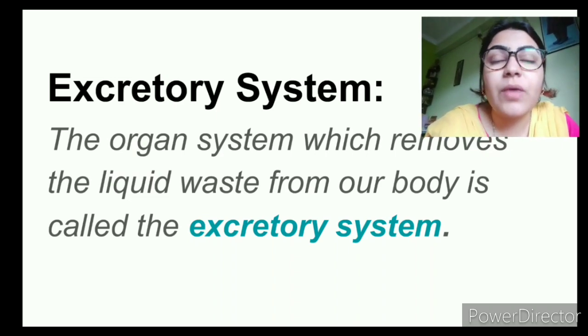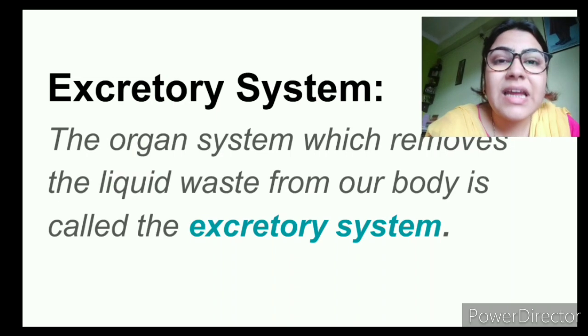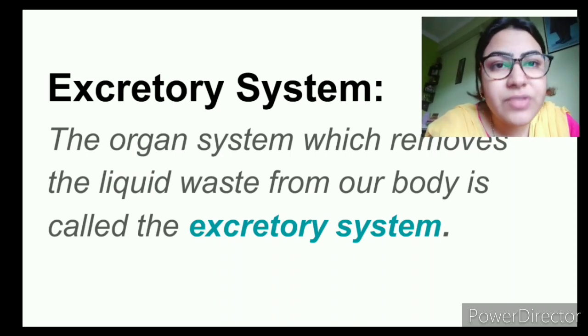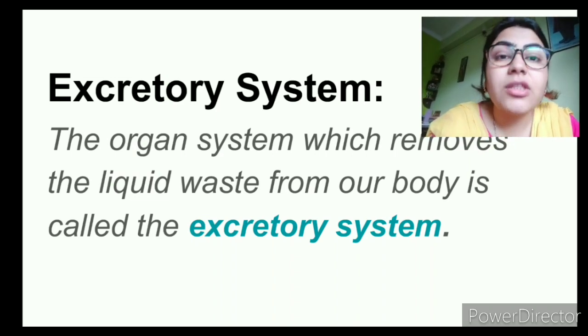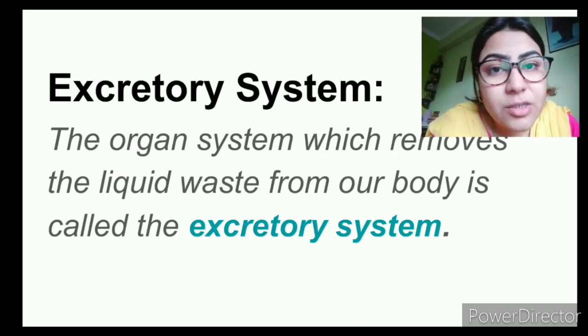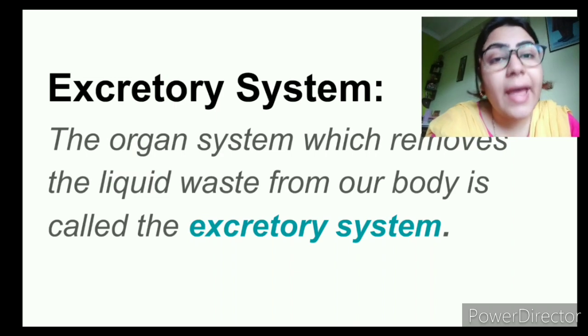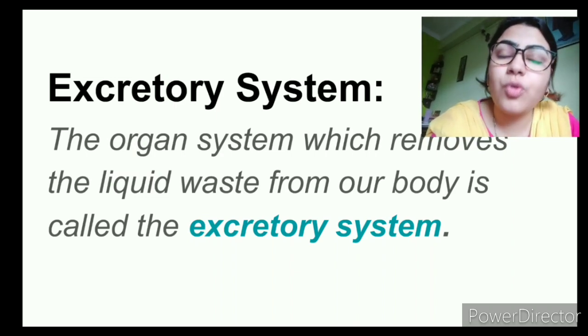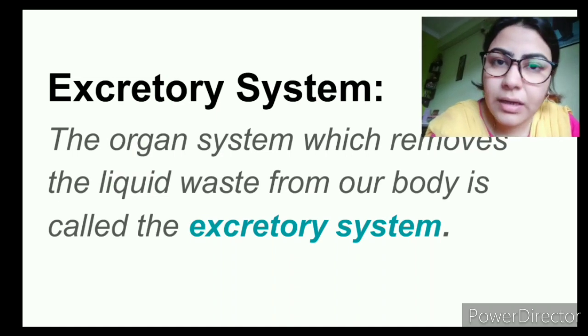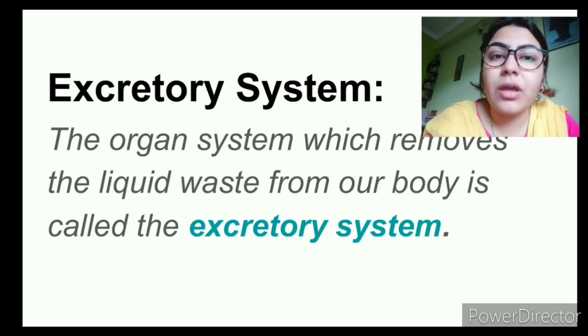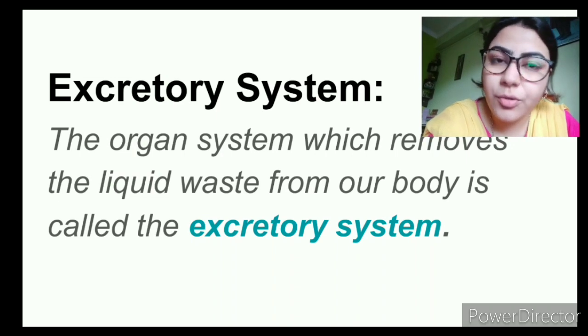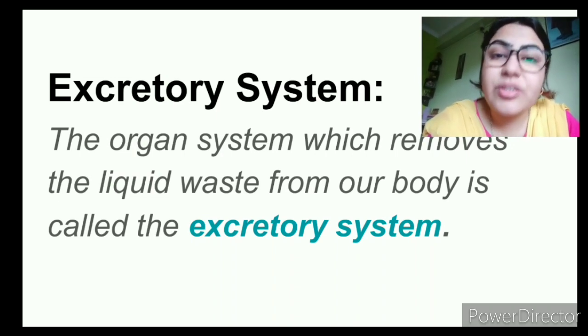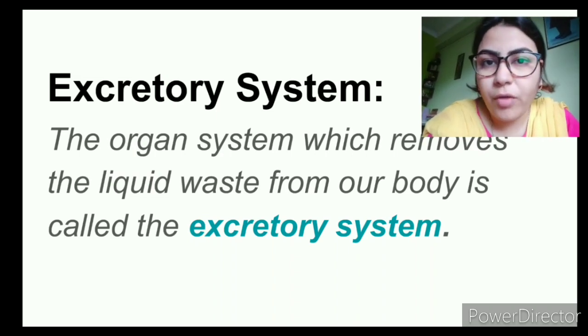While we were understanding chapter 2, the digestive system, we already learned that the solid waste gets collected in the anus and is thrown out of our body through the anus itself. Now, here we are talking about the bladder and the urethra, which are responsible for throwing out the liquid waste of our body.